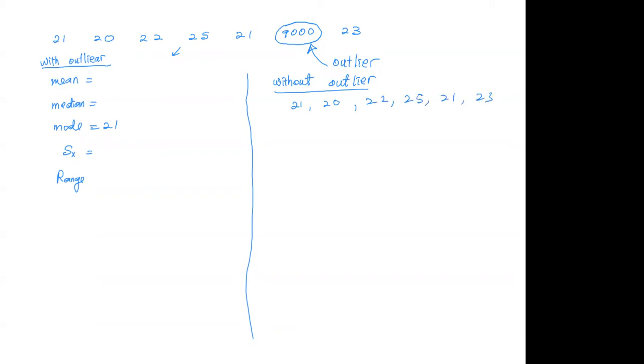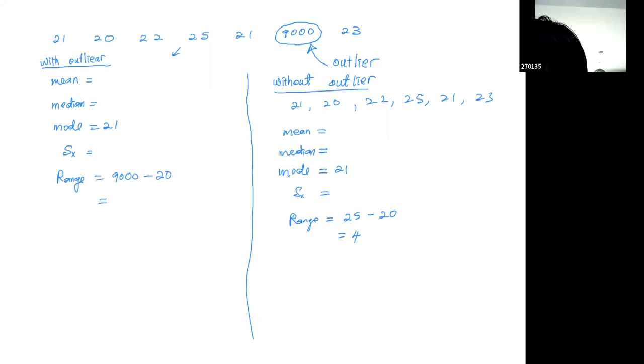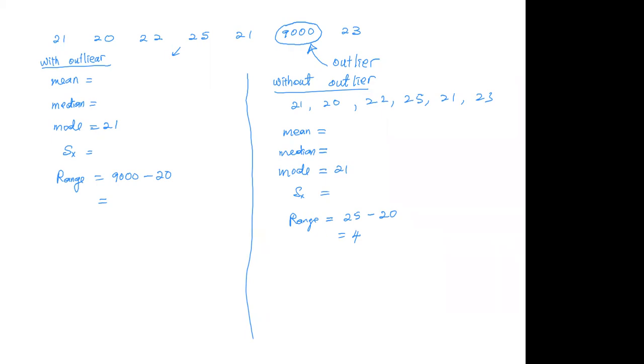Let's have a look at what is the effect of the outlier. Range is 5. Without outlier, the range is 5.